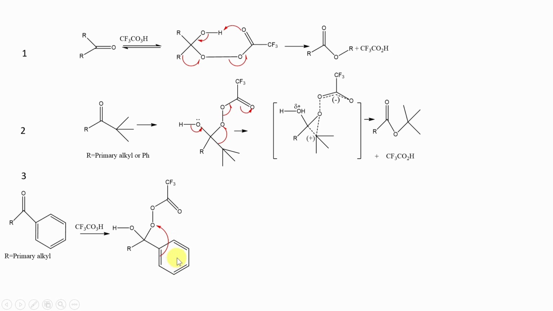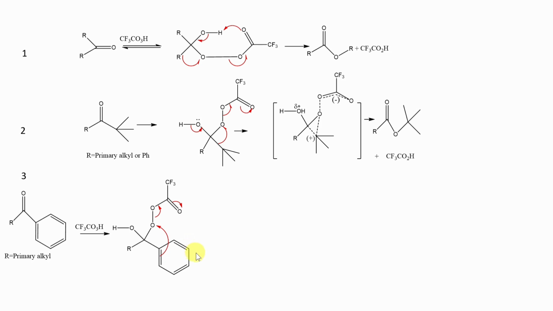The pi electron shifts towards oxygen. Thereby, the bond between oxygen and oxygen gets broken. Then the pi electron between the carbon and oxygen shifts to the oxygen, and the oxygen captures a proton from this OH group.